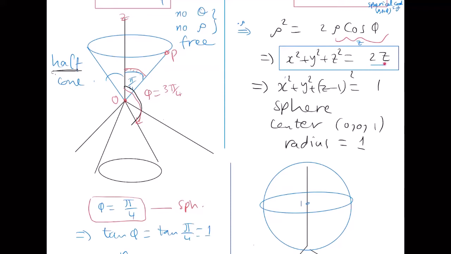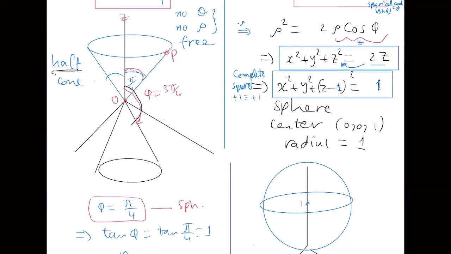The same idea. Move this 2z here. You get z square minus 2z. Add 1 to the left and add 1 to the right. You get this 4. So it's exactly a sphere.